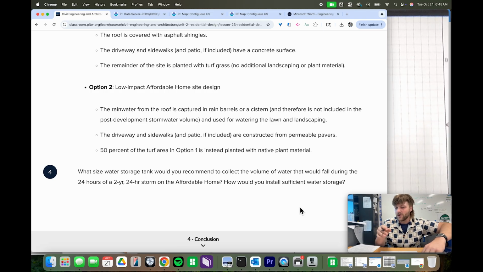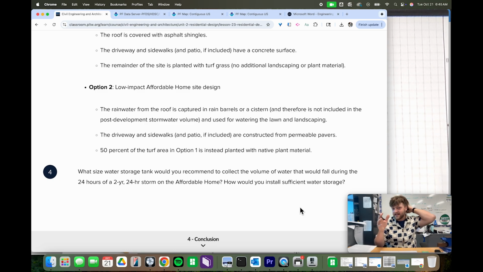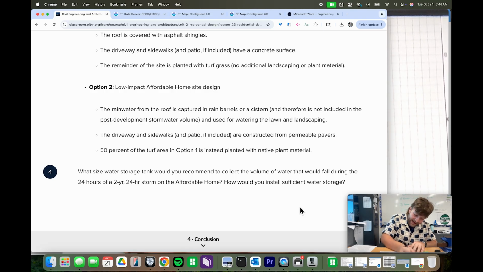How would you install sufficient water storage? All right, so what we're going to assume is that we are currently dealing with a 2-bedroom house. That means that our floor area is going to be 900 square feet.